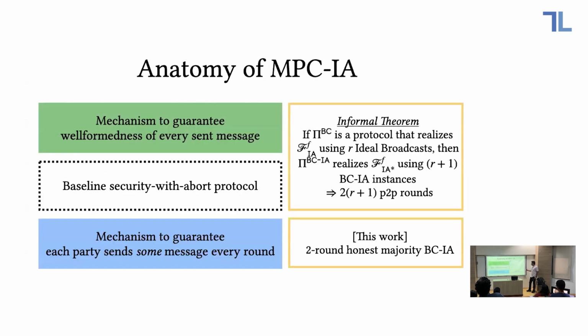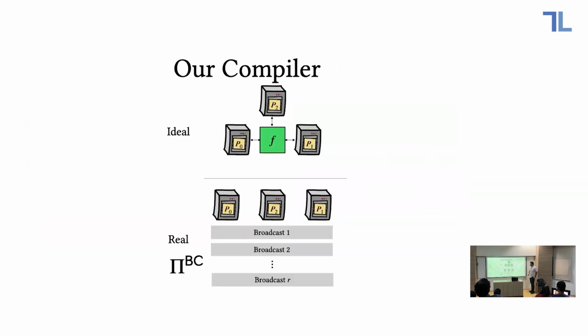So that's the mechanism guaranteed, and informally, here's our theorem: we use this mechanism to construct full-blown MPC with identifiable abort. This theorem is a lot of text, so instead, I'll visualize it. Let's say we have some protocol that realizes some ideal functionality.